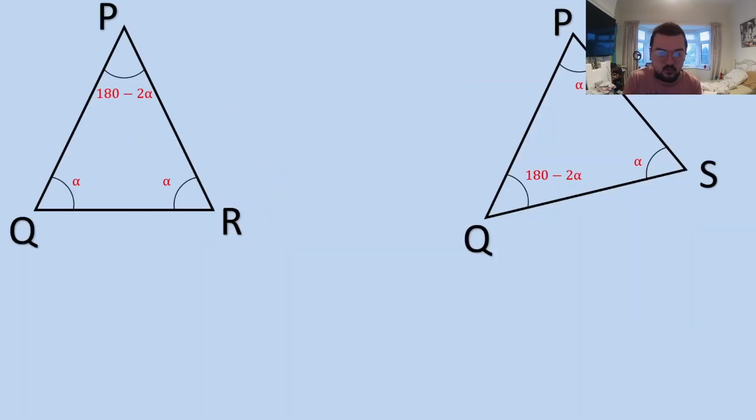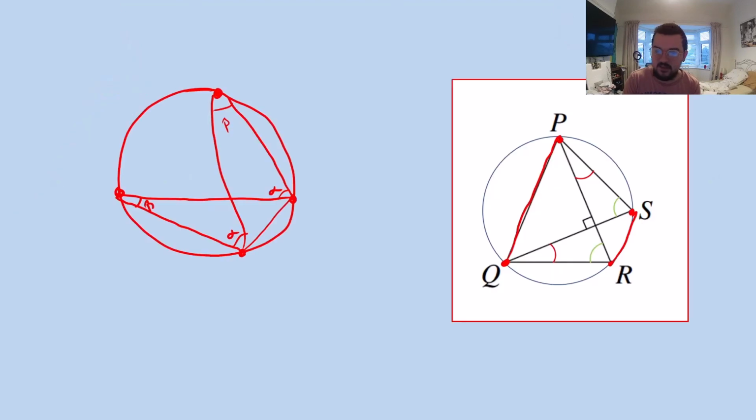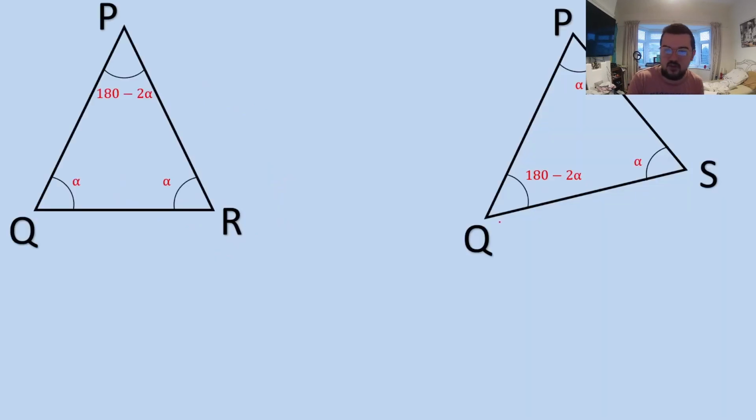So we can go back to here and we can say, right, whatever this is, we're going to call it alpha. Whatever this is, we're going to call it alpha. Whatever this is, we can call it 90 minus alpha. And whatever this is, we're going to call it 90 minus alpha. So at this point, we can label our triangles thusly.